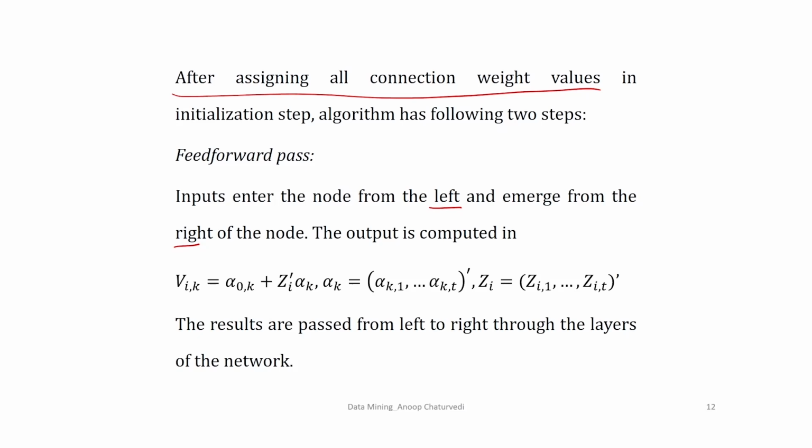So, we initialize the weights, then we enter the input from the left, and then it emerges from the right node. Output is computed as V_ik equal to alpha_k0 plus Z_i transpose alpha_k, where alpha_k is this vector and Z_i is this vector. Then the results are passed from left to right through the layers of the network.